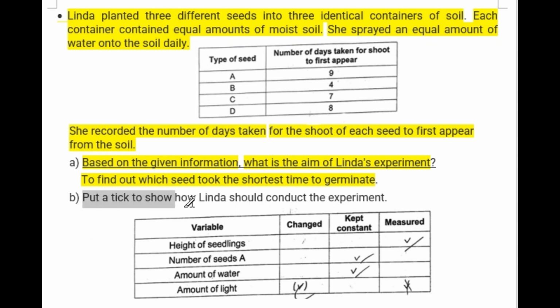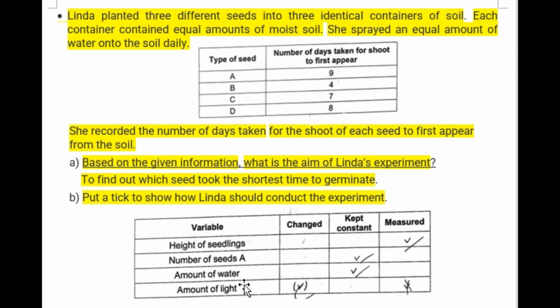B. Put a tick to show how Linda should conduct the experiment. Variable: height of seedlings, measured. Variable: number of seeds, kept constant.